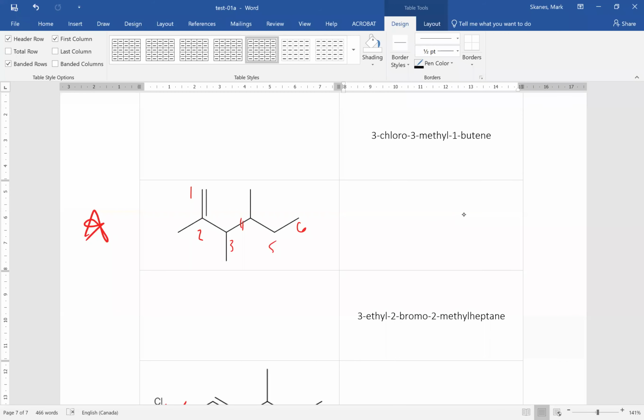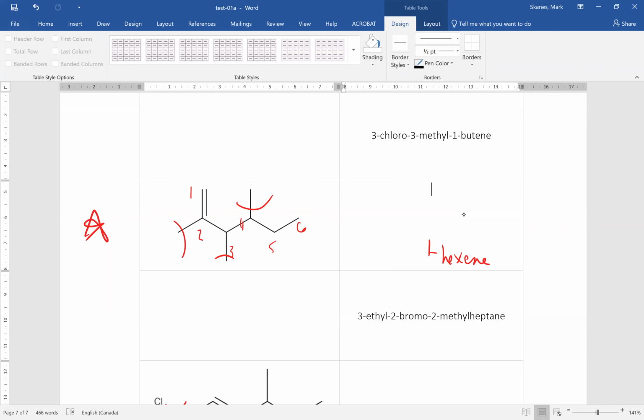So this would be my parent, hexane, or specifically 1-hexene. So this is 1-hexene for sure. But there's a lot of other stuff going on. On the 2nd, 3rd, and 4th carbons, I have 3 methyl groups.